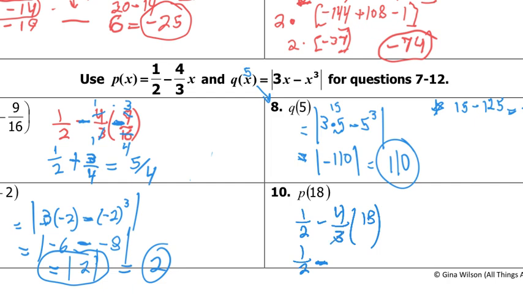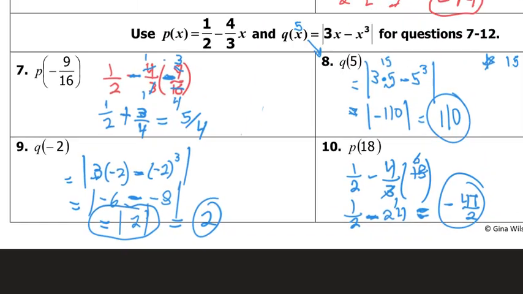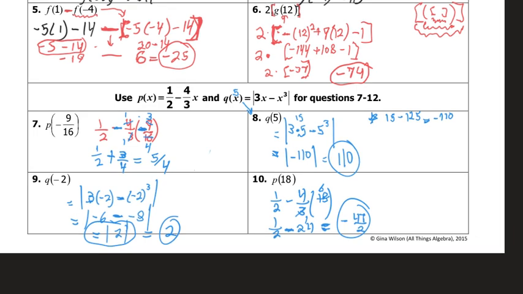There's 1 3 here, and there's 6 3s in here. 24. Half take away 24. Okay, that's, you can use your calculator if you wanted to, but you should be able to say 48/2. So it's -47/2. Okay, and that's what you need to do for that.